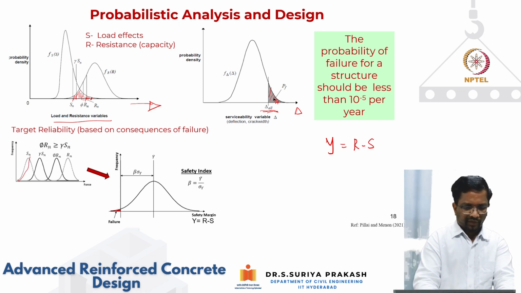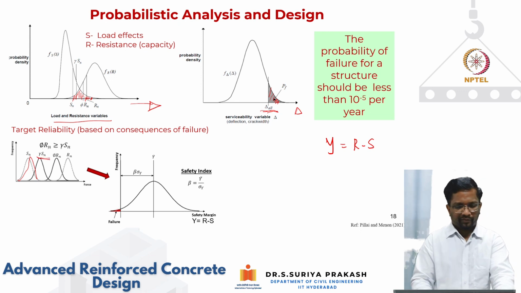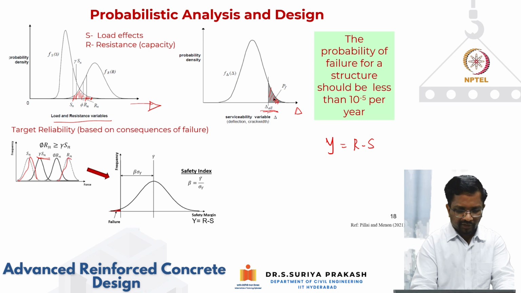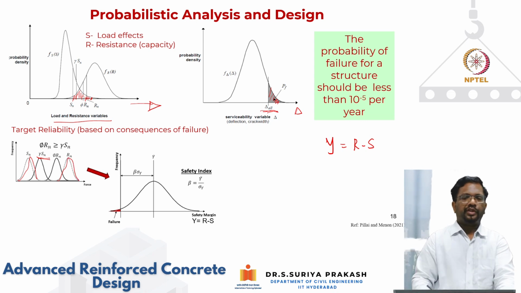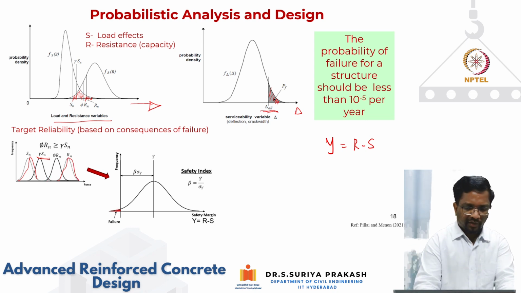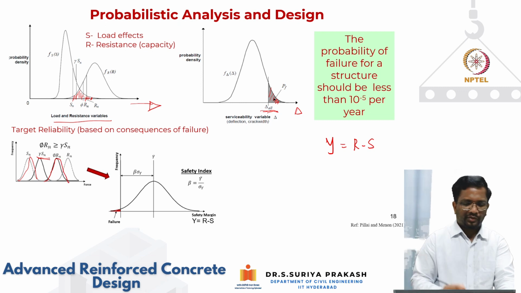All these load effects, we increase by gamma to get the increased load effect, and this is your resistance. Then we reduce the resistance. This is the same figure that we have seen here.